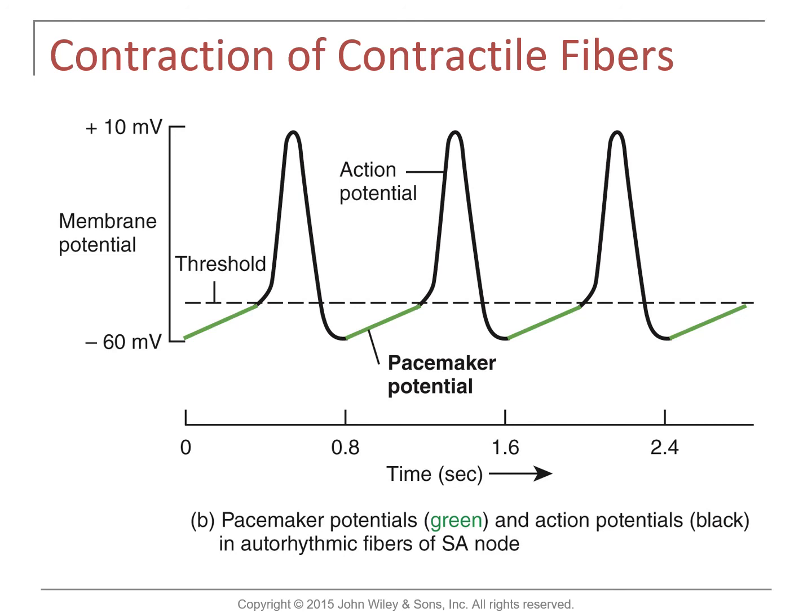As threshold is reached, voltage-gated sodium channels open, and you get that sharp depolarization followed by repolarization. And the action potentials that are generated in these pacemaker cells then spread via the gap junctions to the cells of the atria and down the conduction pathway and via the Purkinje fibers to the cells of the ventricles, leading to opening of their sodium voltage-gated channels and then their depolarization and repolarization or action potentials.